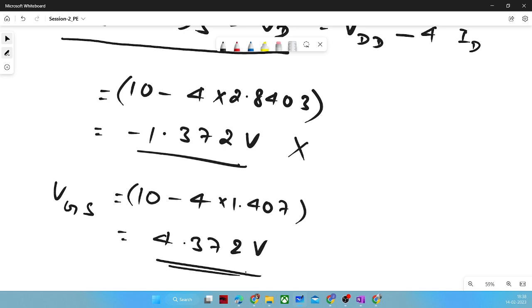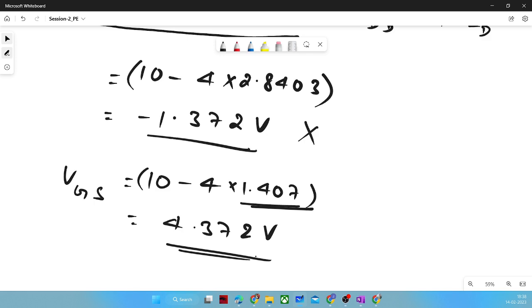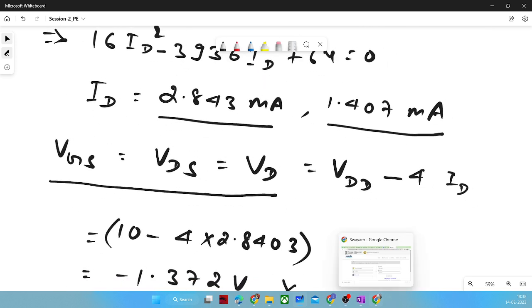So this VGS is higher than our threshold also, and it is greater than 0. So it will allow the channel to form, and this value of current is perfectly correct to have this kind of drain current so that our gate can form a channel and it will conduct. So we will finally consider this as the answer for the problem: 1.407 milliampere.